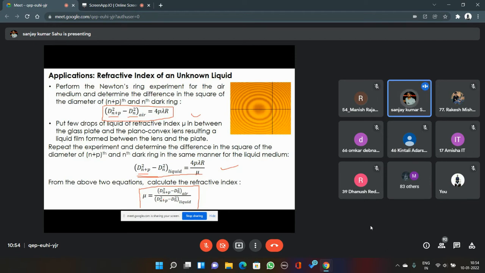If the orders are different, then the p number will be different and you won't be able to find the refractive index; another number is going to come. For example, seventh order minus fifth order of the air divided by seventh order minus fifth order of the liquid gives you the refractive index of the unknown liquid. So you understood the two important applications of Newton's experiment. Yes, sir.